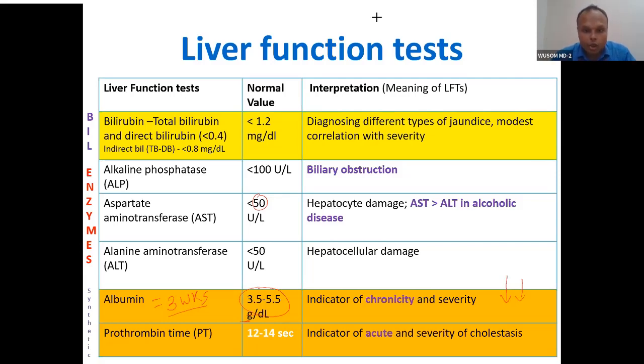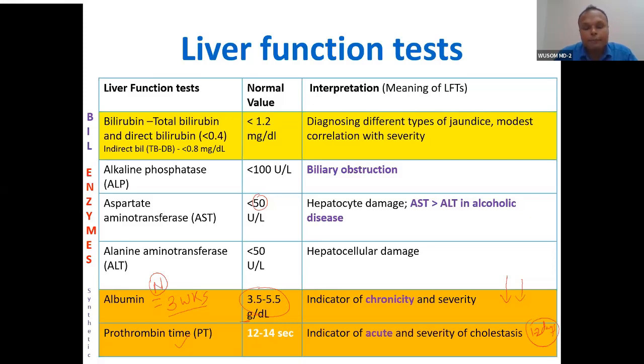Otherwise, in acute condition, albumin will be normal. But if you test the prothrombin time, the half-life of prothrombin time is not more than about 1 to 2 days only.